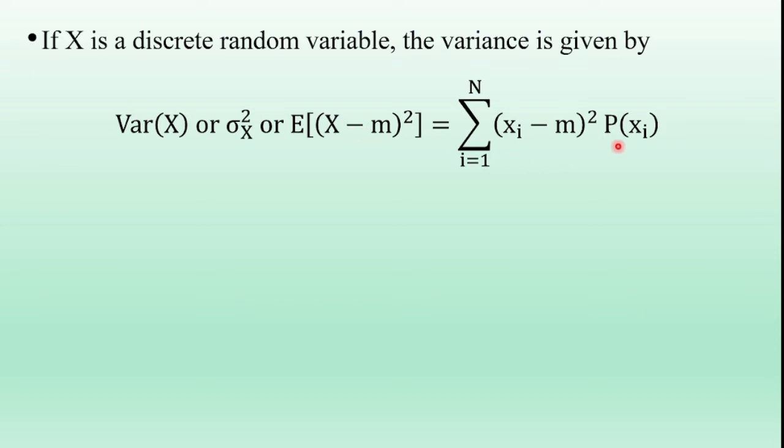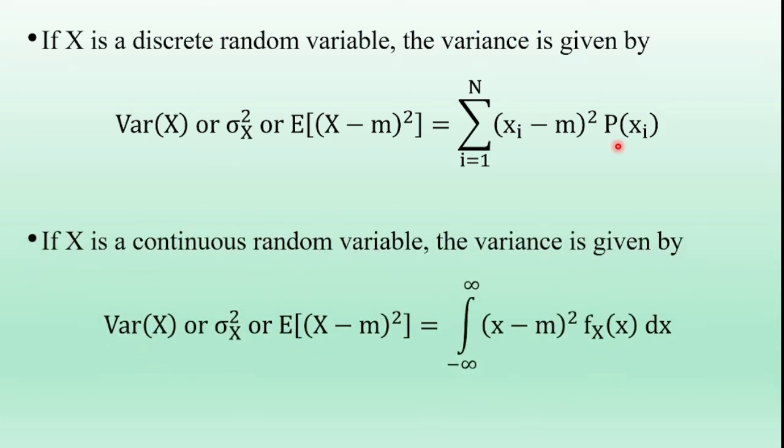And for the continuous case, expectation of (X minus m) whole square is equal to the integral from minus infinity to infinity of (x minus m) whole square into the probability density function into dx. So these are the equations when the random variable X is of discrete type and of continuous type.